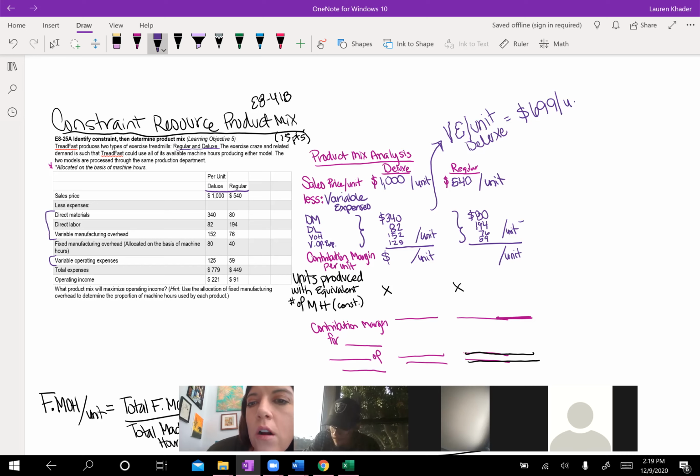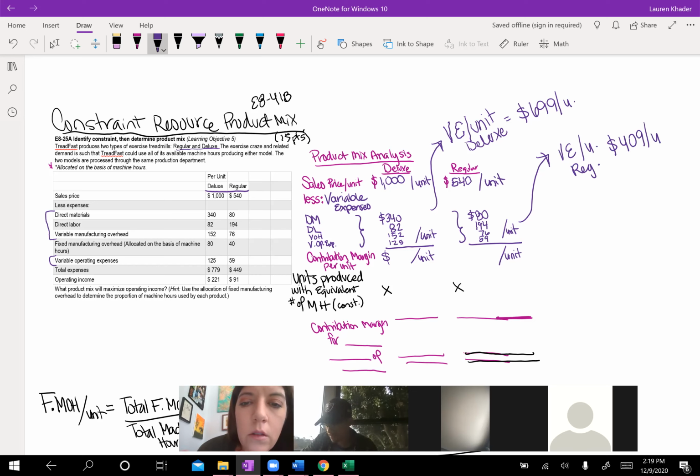And then for regular, you have variable expenses per unit of $409. So we're going to take $1,000 per unit minus $699 per unit to get the contribution margin per unit of 301. And then we're going to take $540 per unit for the regular minus 409 to get 131 per unit in contribution margin per unit.